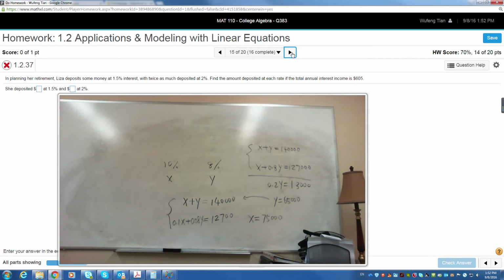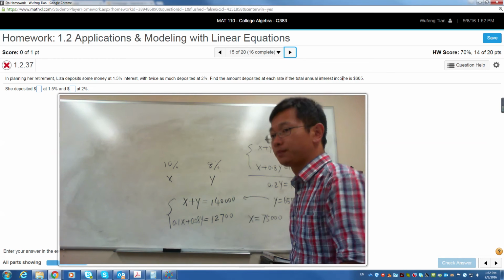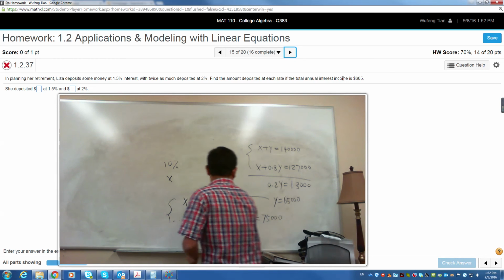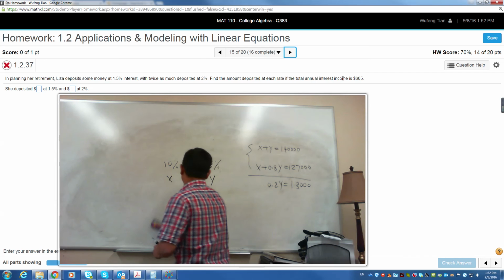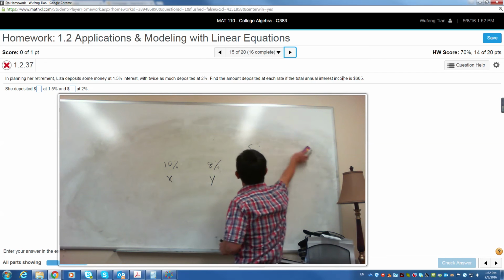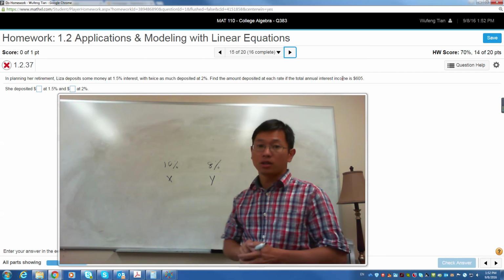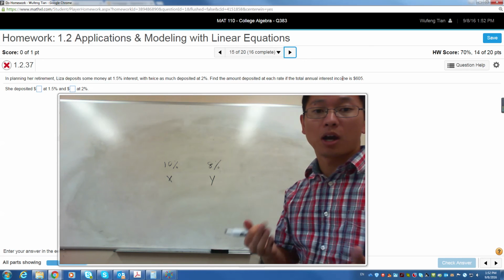I think, let me see, if I'm planning to deposit some money so that the interest on one is twice as much as the deposit of the other, find the amount, that is the 605. Well, it's very similar, but it's not exactly the same. Okay, so deposit some money, we don't know how much, right?